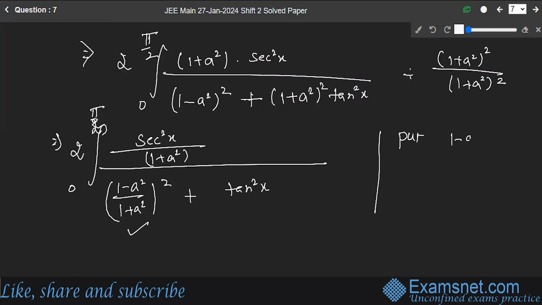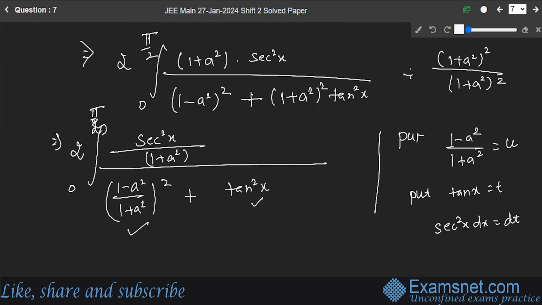I'll put 1 minus a square upon 1 plus a square as equal to some u. This is a constant, right? Because it looks like a bit clumsy, so I'm giving it a simple variable. I'm not worried about the constants over here. Also, let's put tangent x is equal to t, that makes secant square x dx is equal to dt.